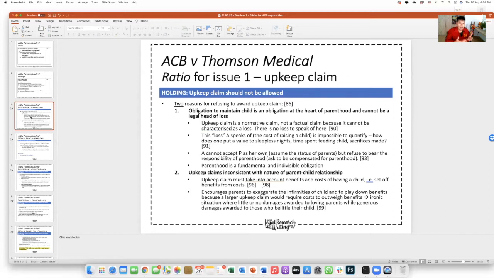If I allow upkeep claims, I'm going to promote a situation where next time down the road, somebody comes to ask me for an upkeep claim, and this somebody may be encouraged to play down the benefits of having a child and to exaggerate the disadvantages of having a child. And that kind of exercise can be very destructive for a parent-child relationship, right? So see these 2 reasons as reasons that directly contribute to why the court said, no, I refuse to award an upkeep claim. All right?